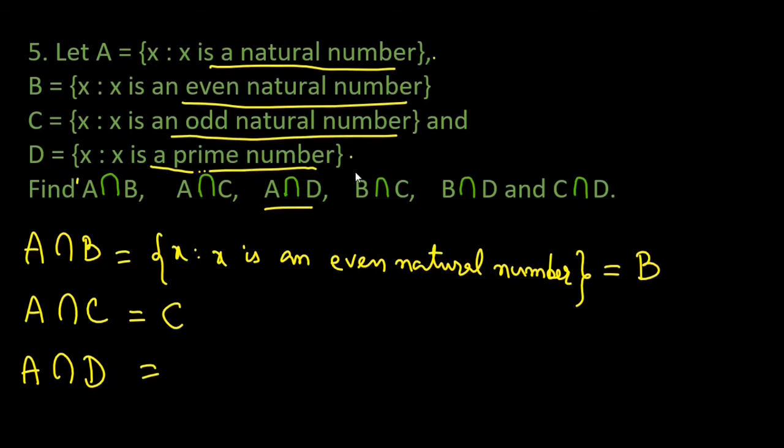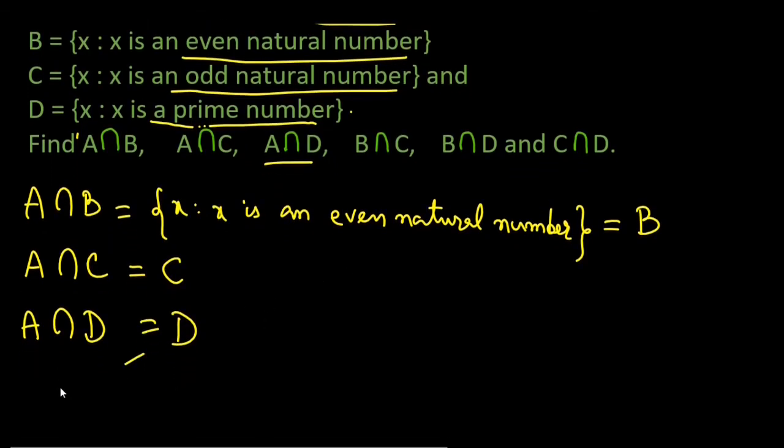So all the prime numbers that are in D are also in A. So the common elements of both A and D are only prime numbers. So A intersection D is D.